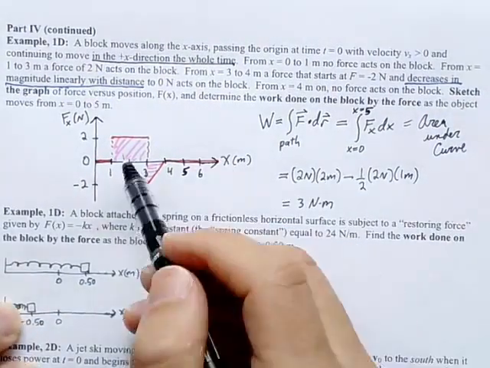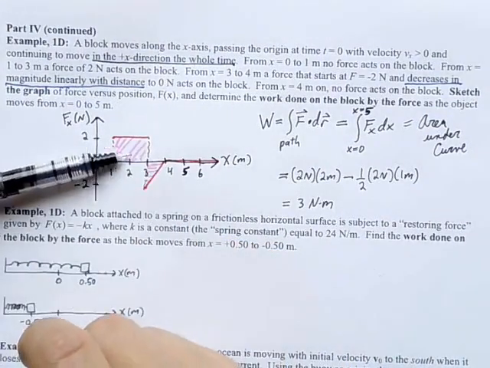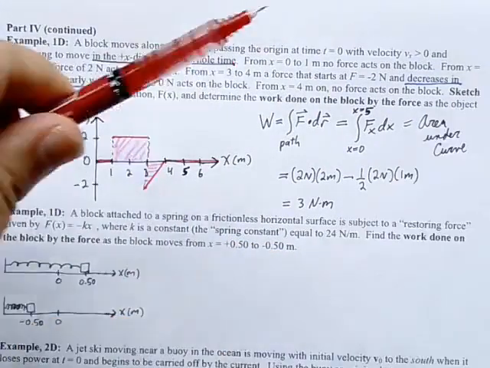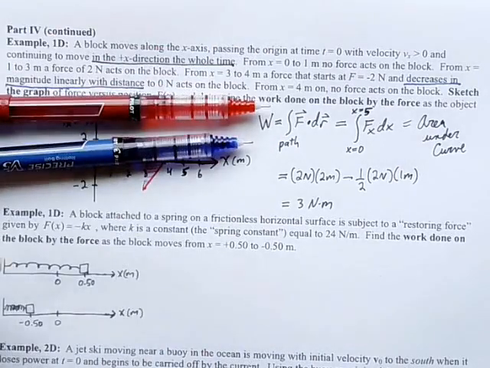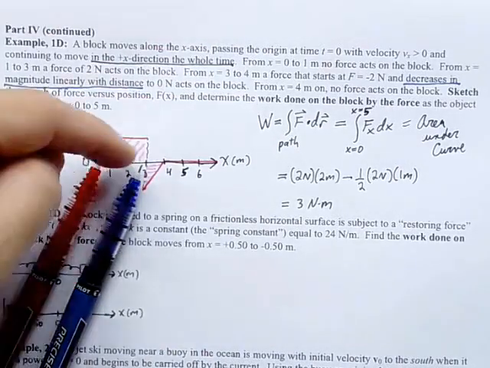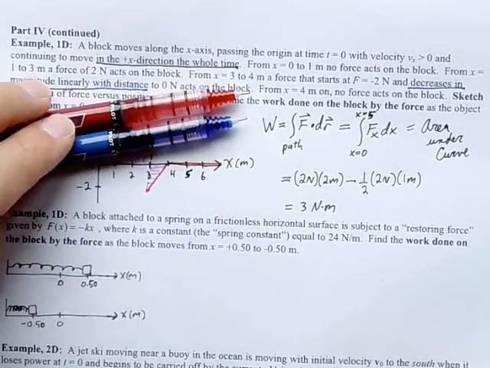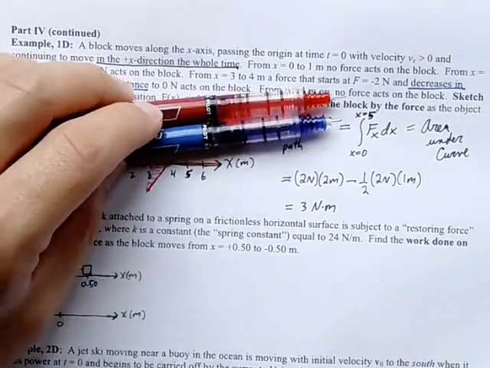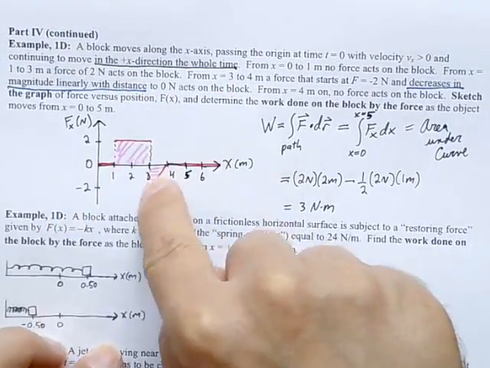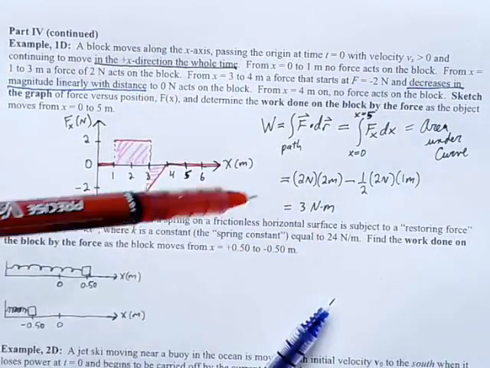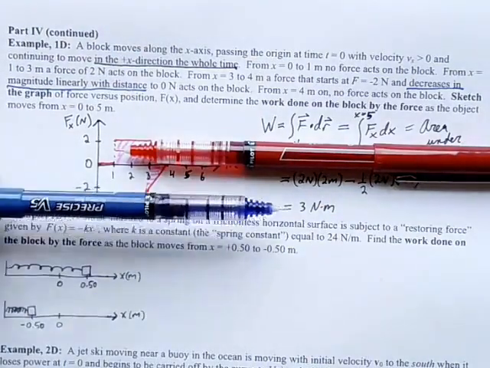Note that when the force was positive and the object was moving in the positive direction, when force and displacement were both pointing in the positive direction, that was this rectangular area here, we've got positive work being done. That force is speeding up the object when those two vectors are aligned. But down here, this negative triangle, that's when our force is pointing in the negative x direction, but our displacement is still in the positive x direction.